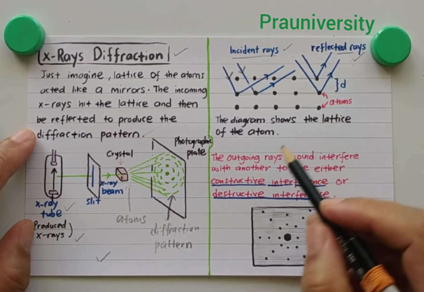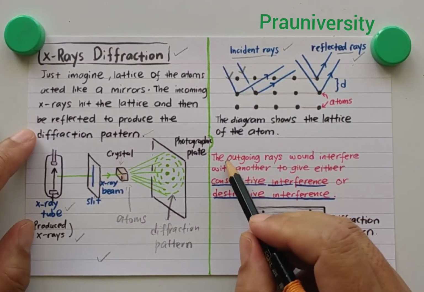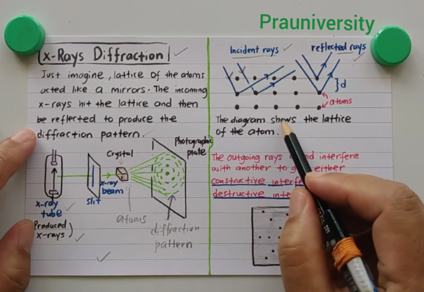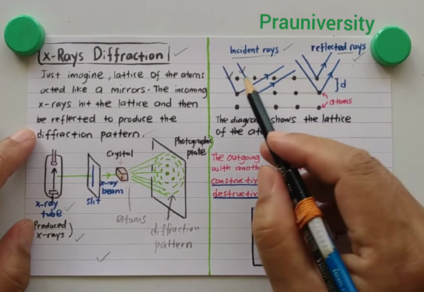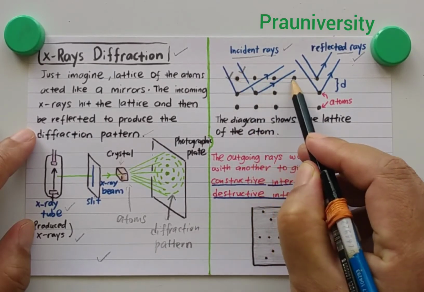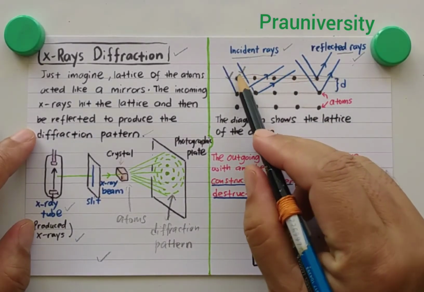Okay, so we continue. The diagram shows the lattice of atoms. Here is the arrangement of atoms.